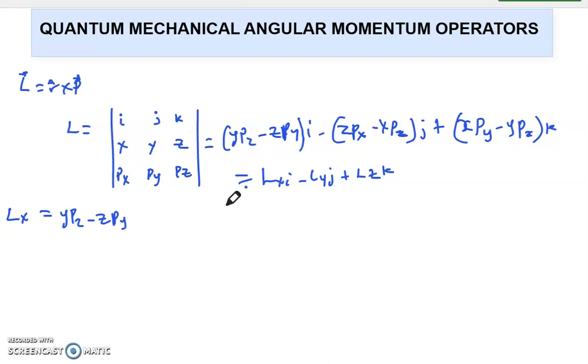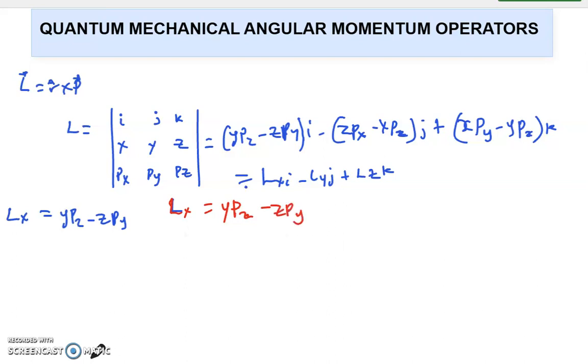In other words, what I'm saying quantum mechanically is that Lx is nothing but y pz minus z py.